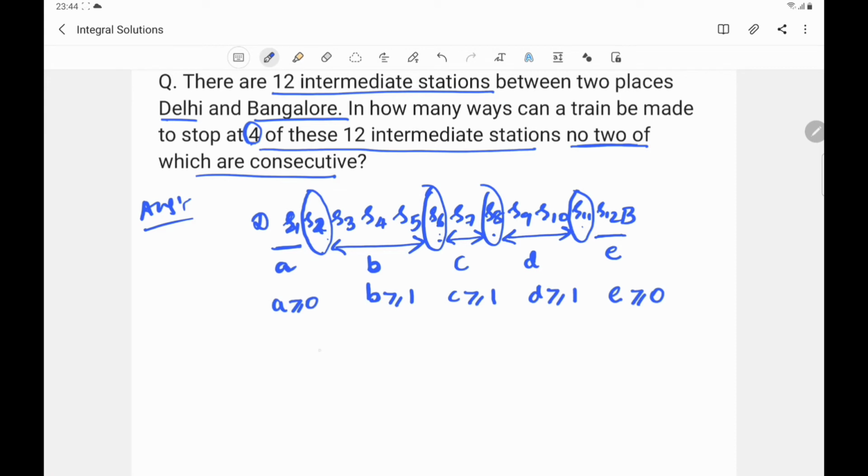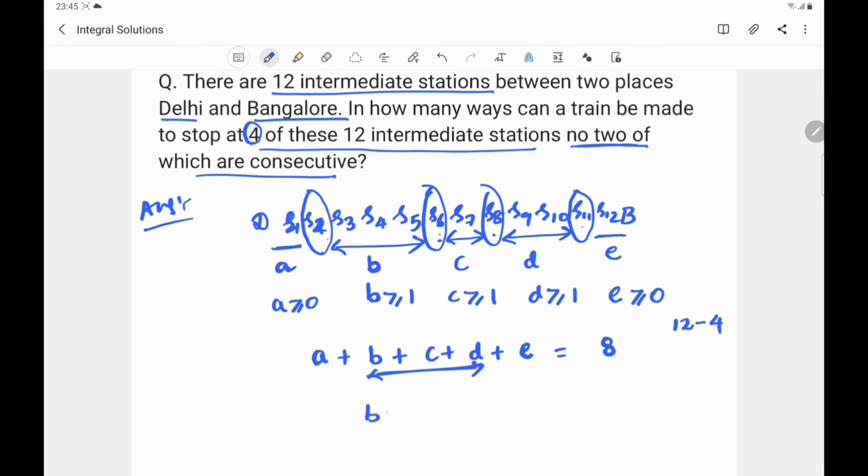Now if we add these things, the equation which we are going to form is A plus B plus C plus D plus E should be 8, because 12 stations were there, already 4 are selected, remaining is 8. Moreover, we need to make B, C and D greater than or equal to 1, and A and E greater than or equal to 0.